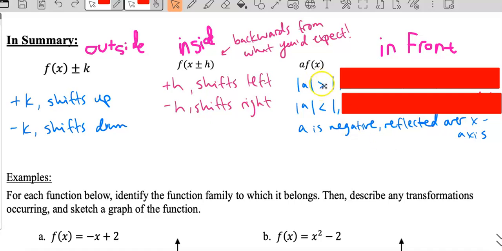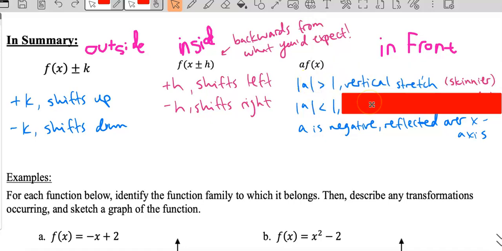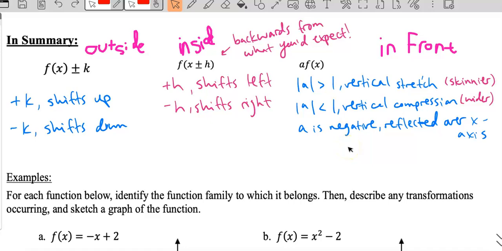Now then this symbol means greater than, so if it's more than 1, it is going to stretch, which means get skinnier or narrower. If your A value is smaller than 1, so like a half, a third, and so on, that's going to make it much wider, which is called a vertical compression.